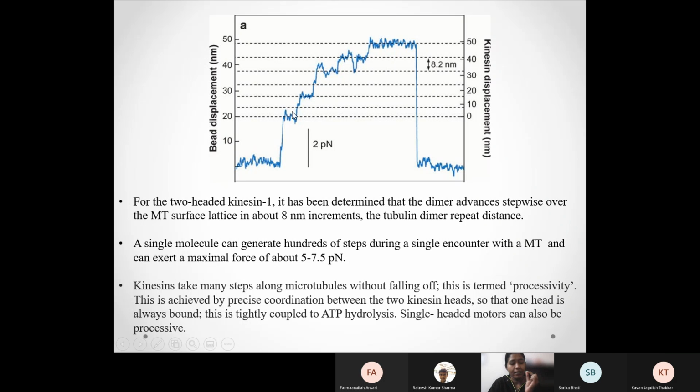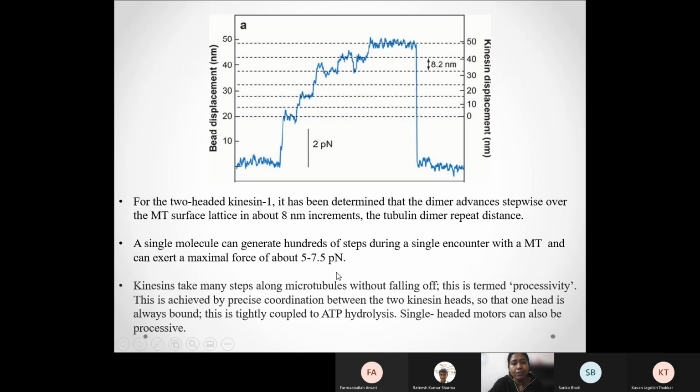And between each pull and each movement of the bead, if you measure the distance that it has moved, it turns out to be about 8.2 nanometers. That's the spacing between adjacent microtubule dimers, which indicates that the kinesin motor is actually seeking out its nearest microtubule dimer when it is walking on microtubule protofilaments.